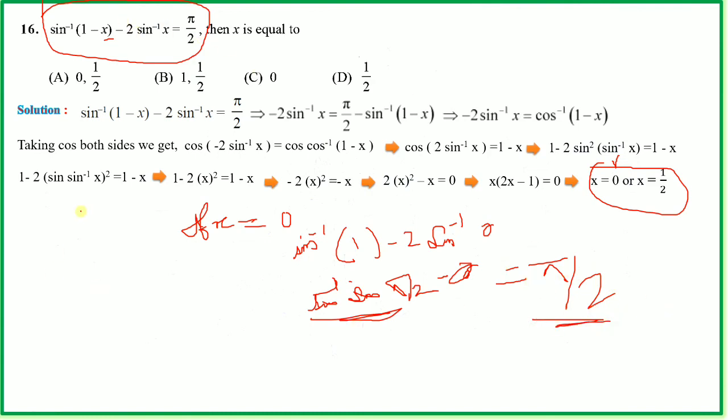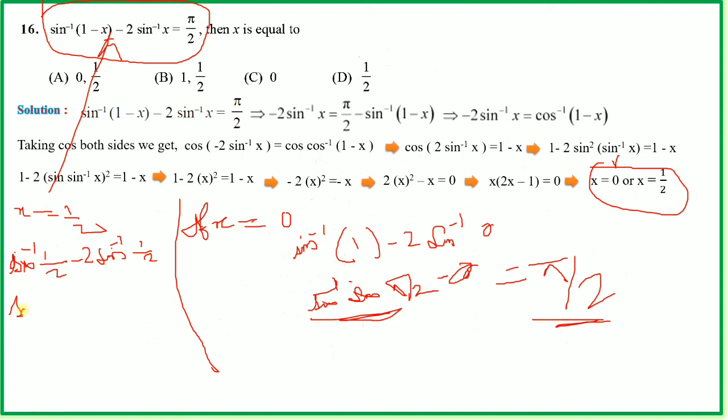Now let us check x is equal to 1 by 2 in this left hand side. So sine inverse (1 minus 1 by 2), so 2 minus 1 by 2 is 1 by 2, minus 2 sine inverse 1 by 2.